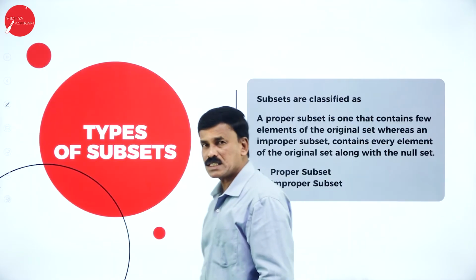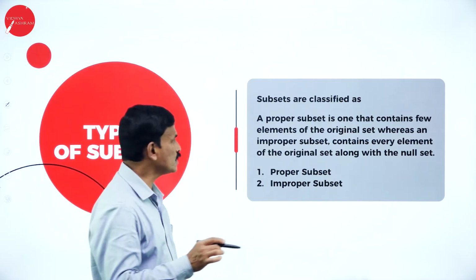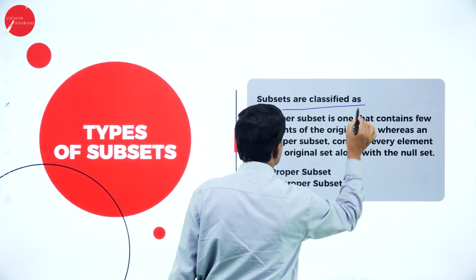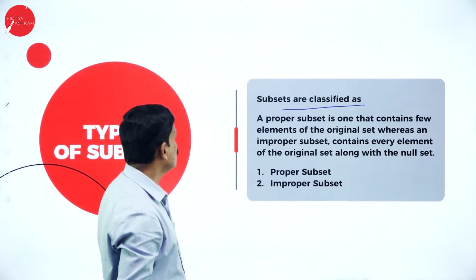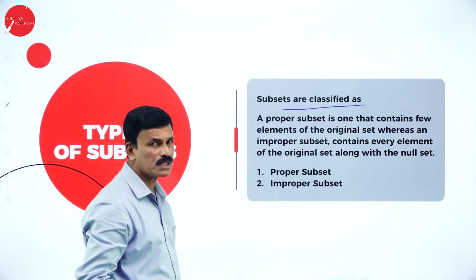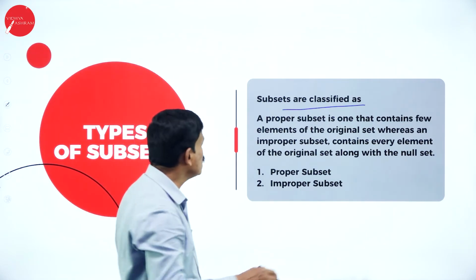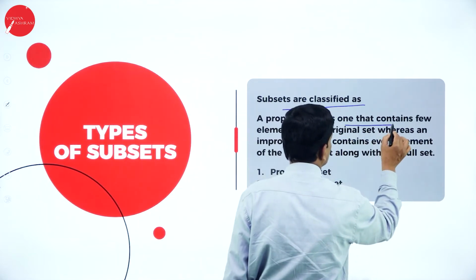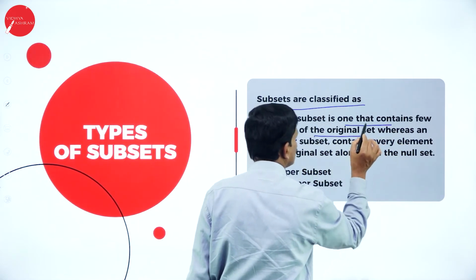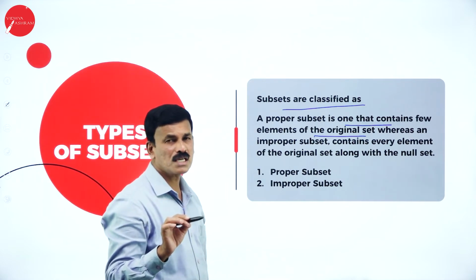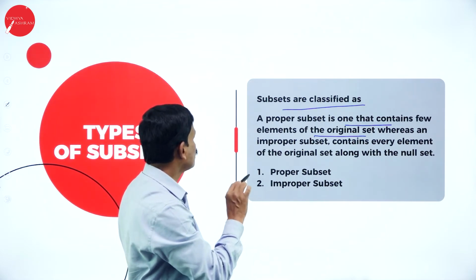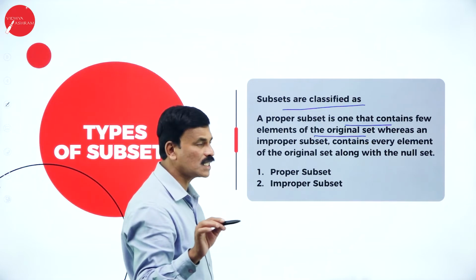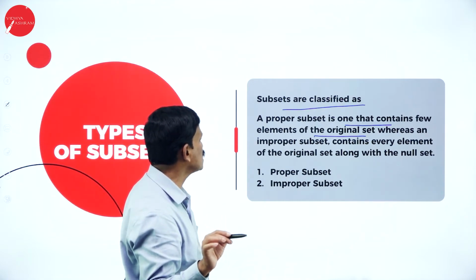The subsets are classified into different types: a proper subset and an improper subset. A proper subset is one that contains few elements of the original set.